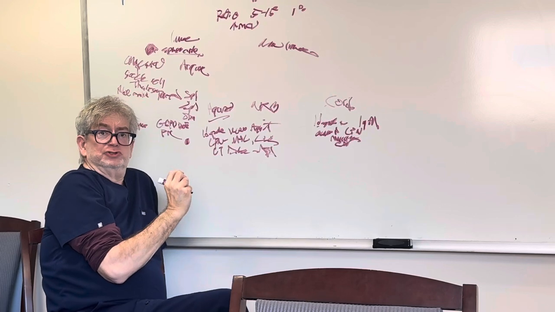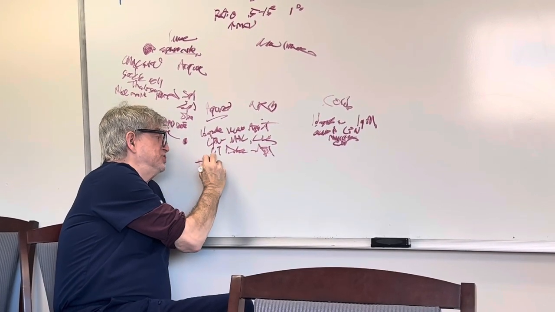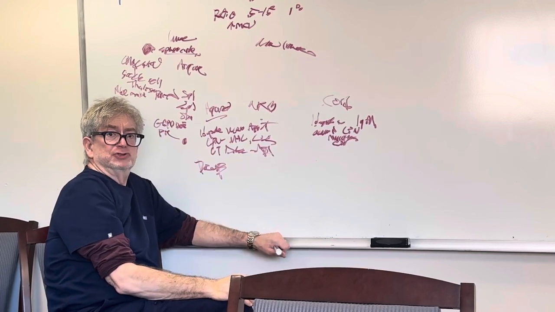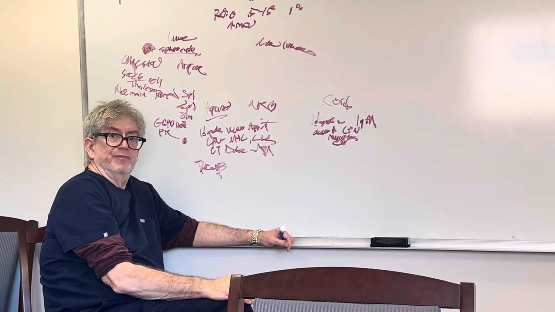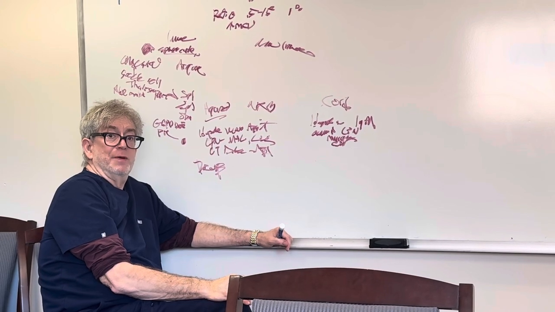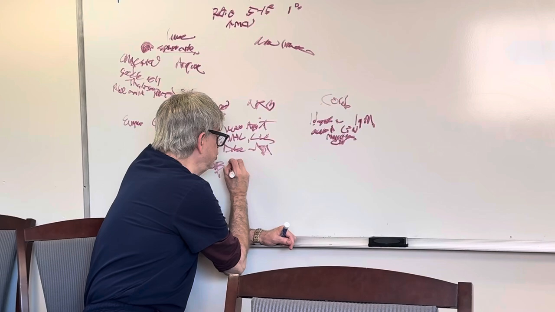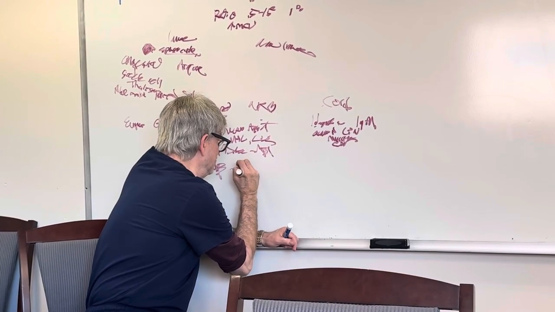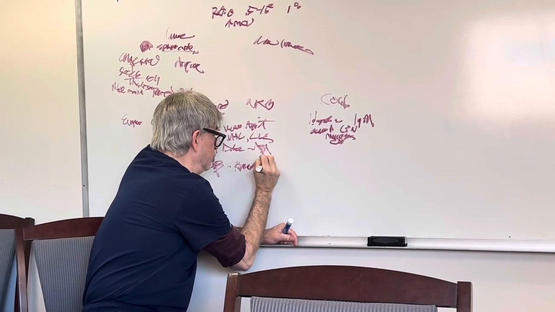Then the other things you can think of, once in a while drugs can do it, and we classically learn four mechanisms: the hapten, the autoantibody, the innocent bystander, and abnormal red cell membrane. The most common antibiotics that do that are piperacillin and ceftriaxone.